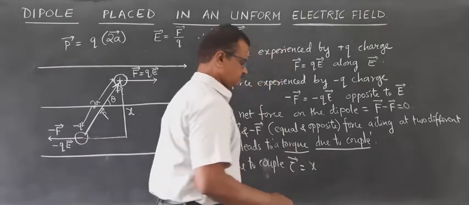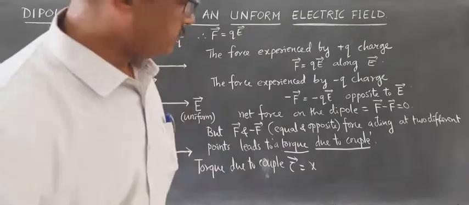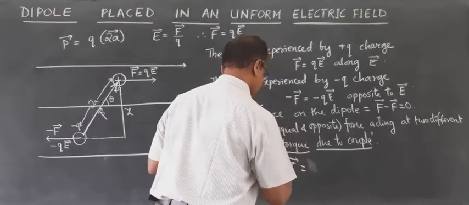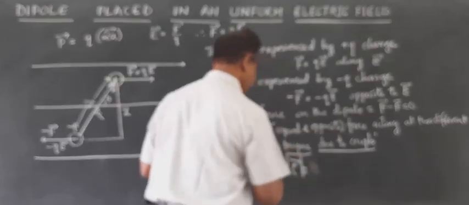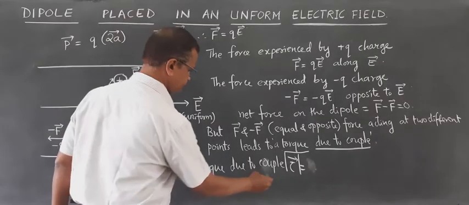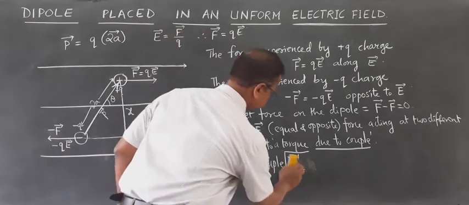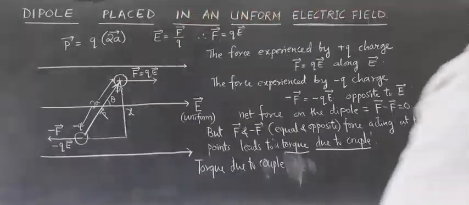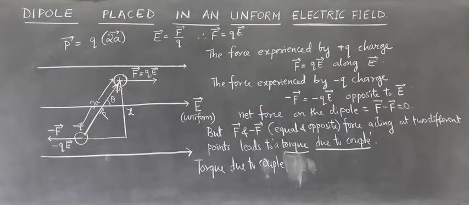So I will write the magnitude first. Torque due to couple, we will write it as magnitude of torque.